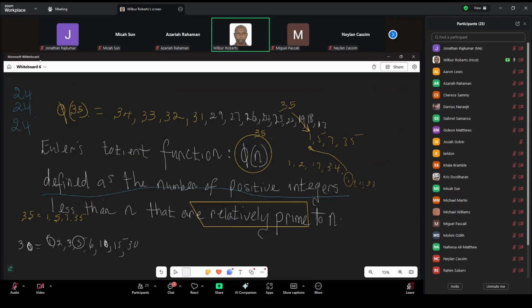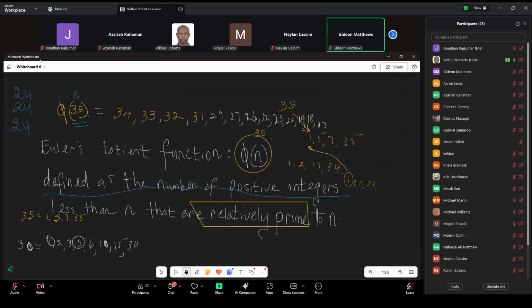Now it is said that if n can be expressed as the product of two prime numbers, P and Q, could 35 be expressed that way? Yes. 7 and 5.